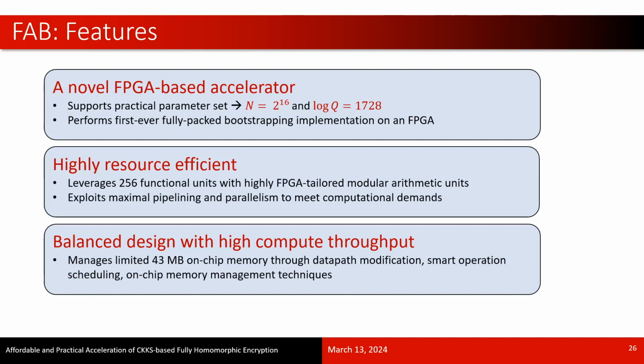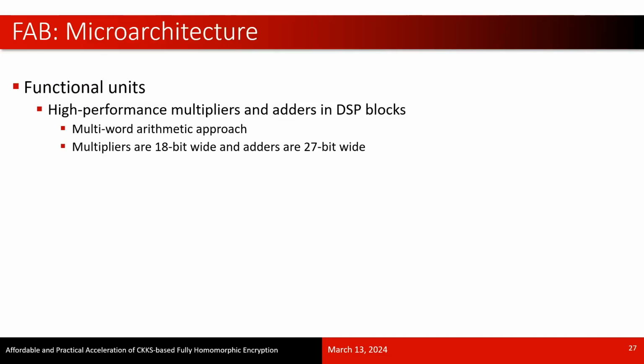So to this end, FAB leverages various microarchitectural level optimizations, and I'm going to go through a few of them over the next few slides. So first is the functional units. The functional units in FAB are tailored for the FPGA implementation to reduce resource overhead and improve latency. To make efficient use of high performance multipliers and adders in DSP blocks, we use a multi-word arithmetic approach that splits our 54-bit limbs into 18-bit operands for the multiplier and 27-bit operands for the adder.